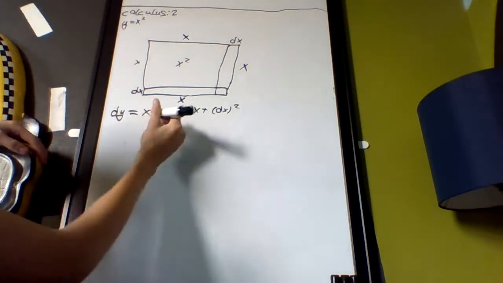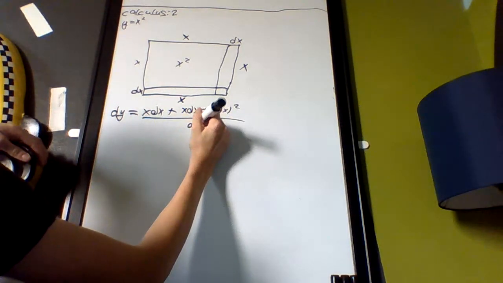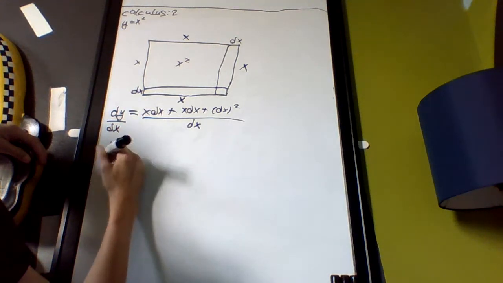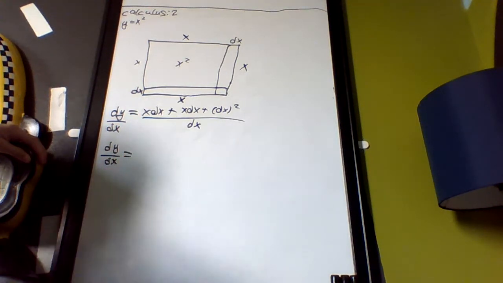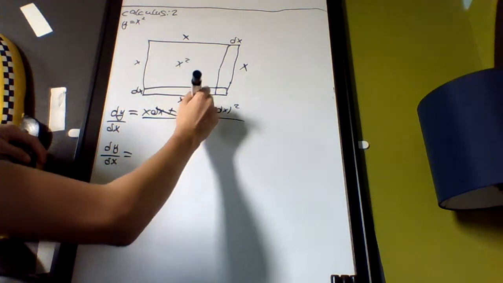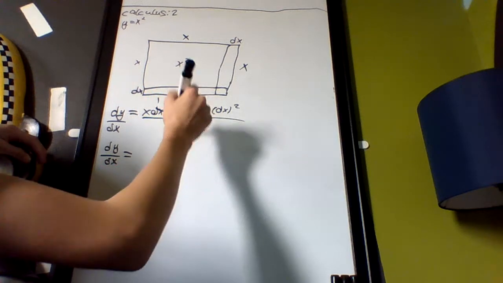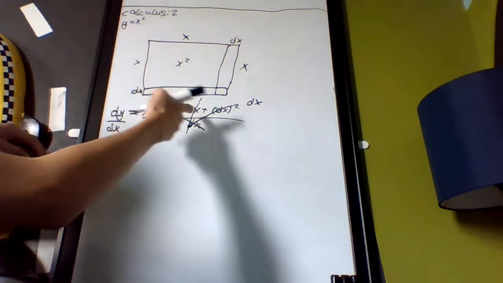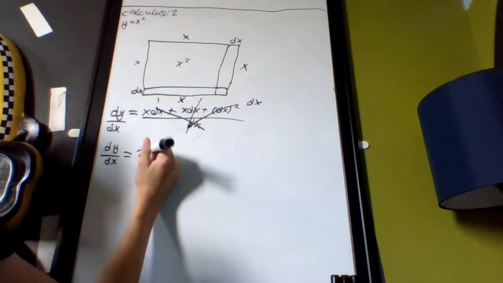Now let's divide by dx on both sides. So dy/dx is then going to be, well, x dx over dx, these become 1, that becomes dx. So I have x plus x, which is 2x.